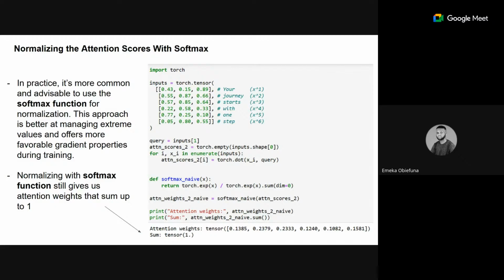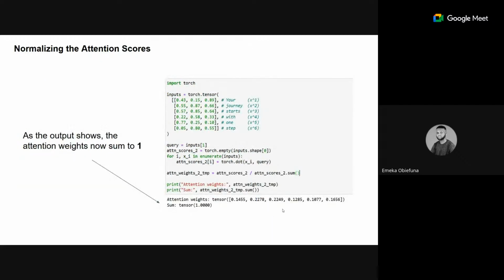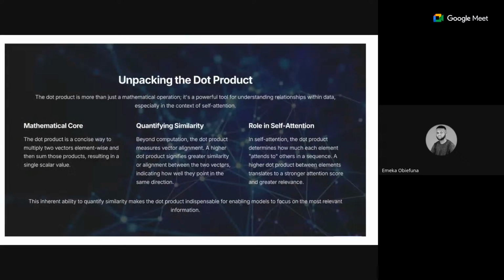Okay, it's more common to see people using the softmax function to perform normalization instead of just dividing by the sum that we have. So, by the way, once you've gotten your attention score, just sum all the values that you have there. Take, for example, this is our attention score.